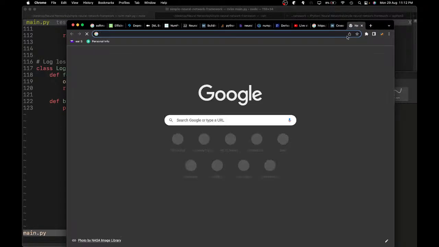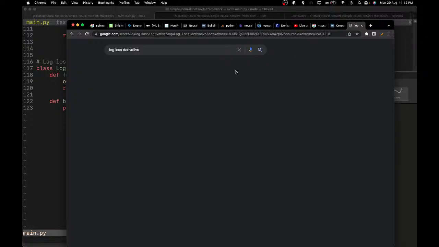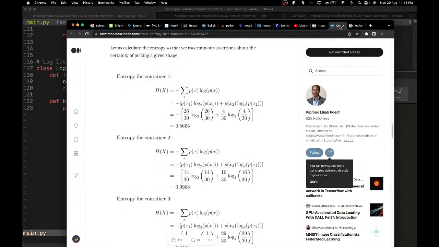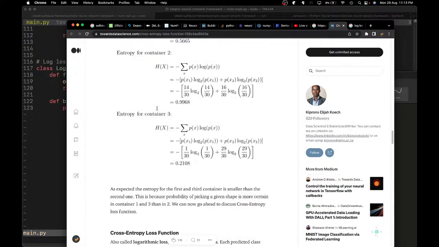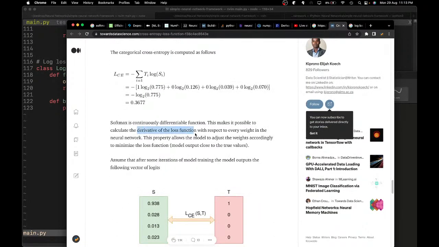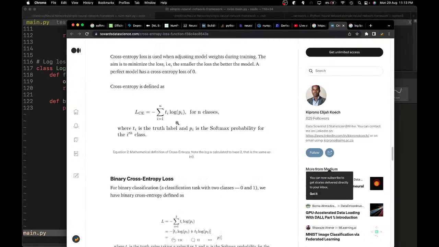Log loss derivative. Now what's the other name? What was the other name?